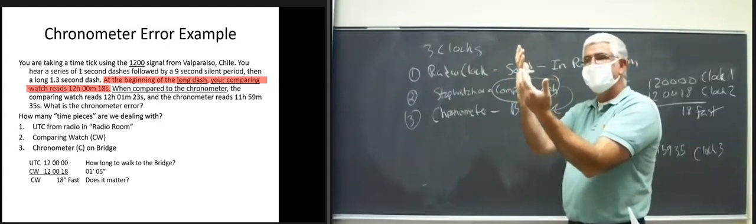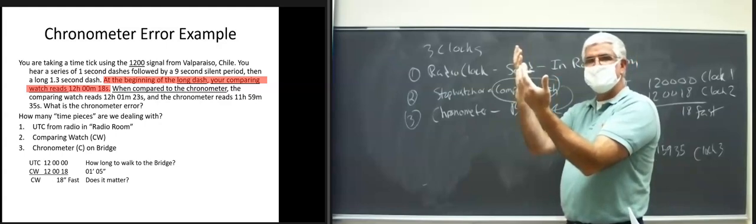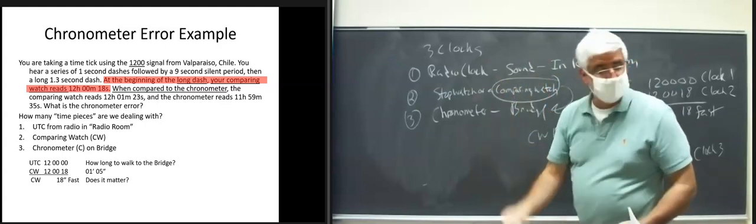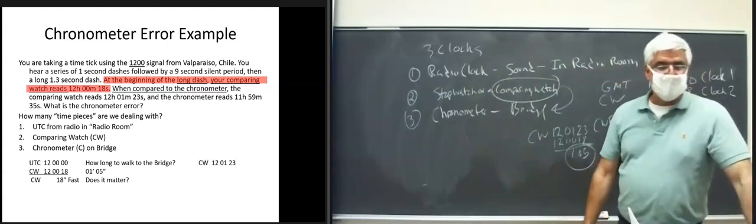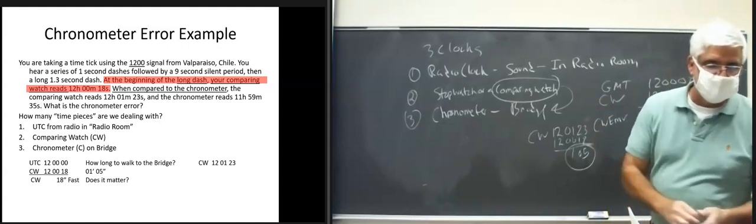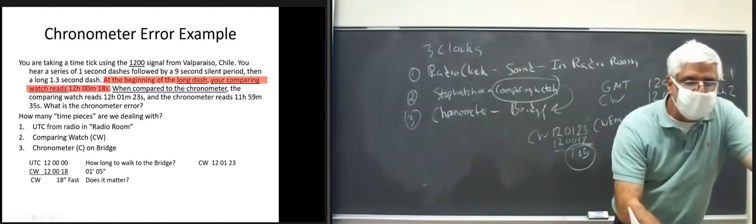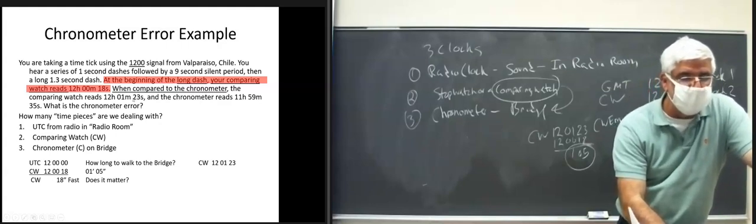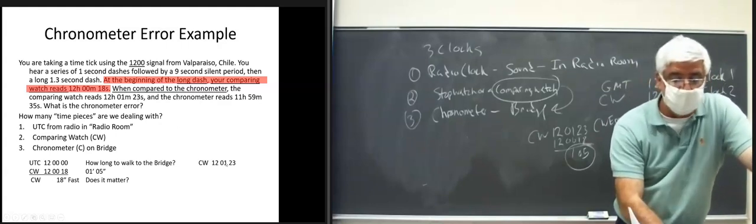So what am I going to do? If I want to know what time it is at GMT in the bridge, subtract 18 seconds from that. So here you go. What time does the comparing watch say when I get to the bridge and I look? When compared to the chronometer, the comparing watch reads 12:01:23.